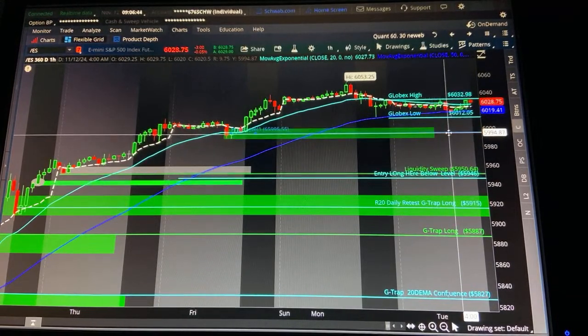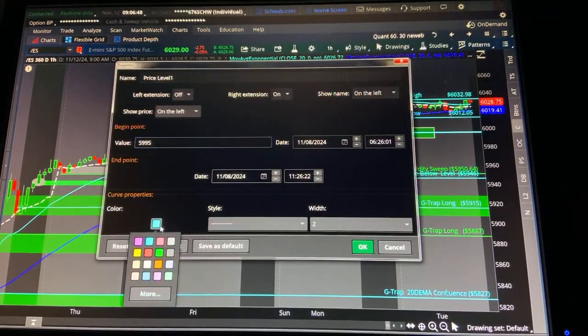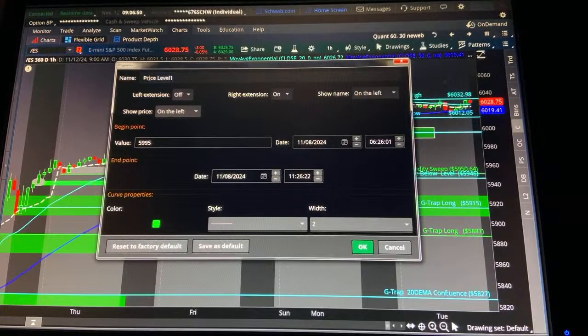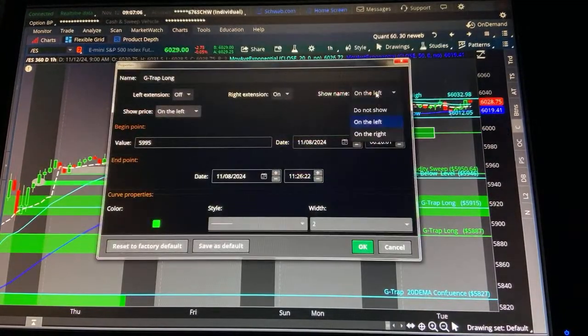So I would suggest maybe pin the 59.95 for a G-trap long. I'll move that price over to the hard right here.